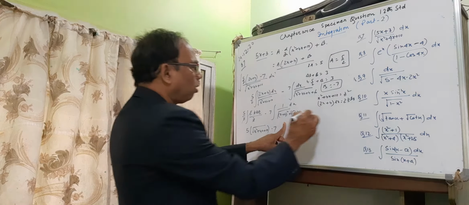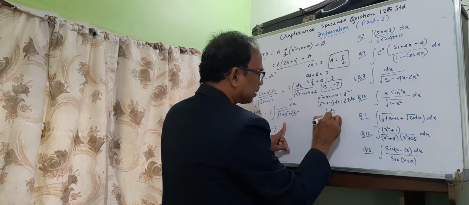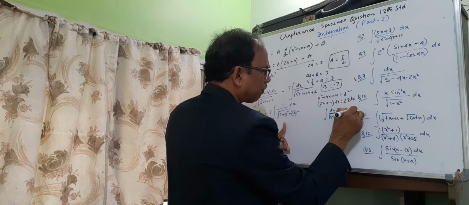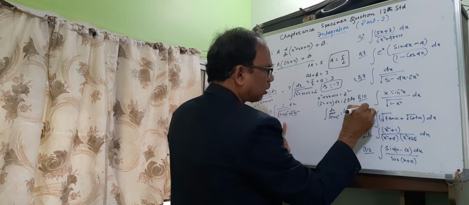This is the formula of integration dx by root over of x square plus a square equals log of x plus root over of x square plus a square.